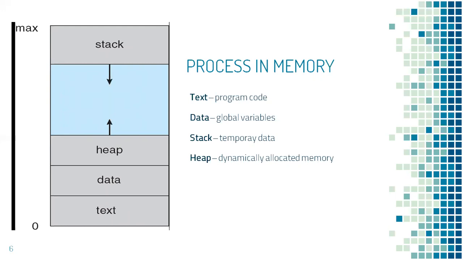The next part of the process in primary memory is the stack. The stack consists of the temporary data of the process. Temporary data can be the intermediate values which are obtained during arithmetic and logic operations. The next section of a process in primary memory is the heap. The heap consists of dynamically allocated memory.